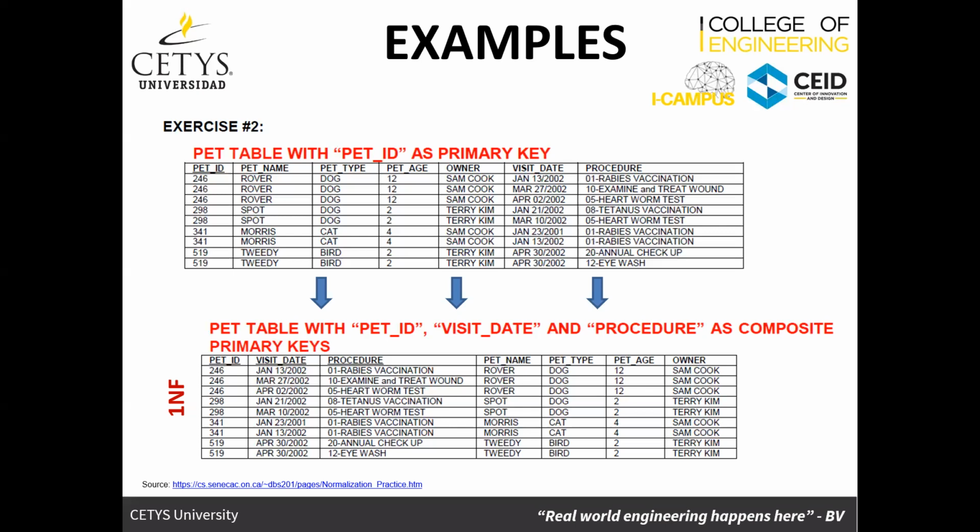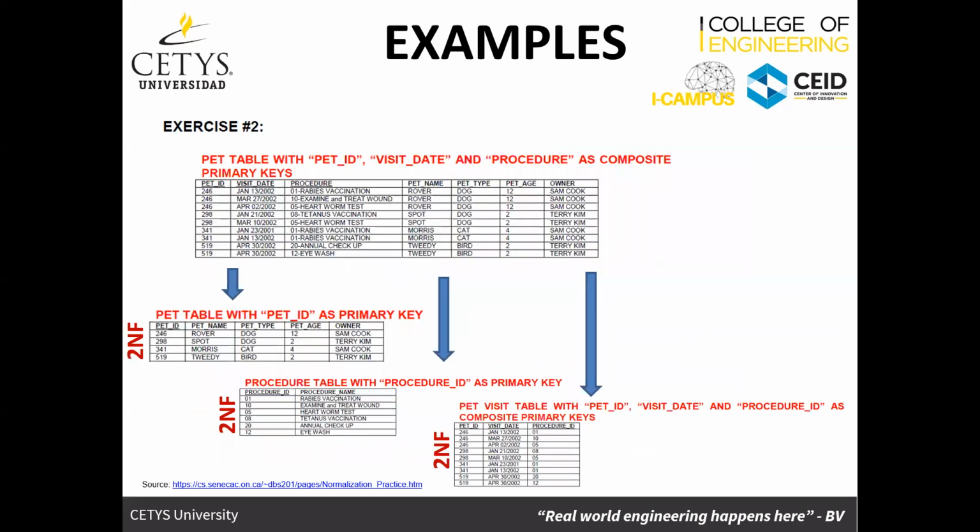So if we want the complete information for a specific consultation or visit for Rover, I need the pet ID, I need the date, and I need the procedure. And so we're going to create a composite key, which is the pet, the visit date, and the procedure. And this is going to give me the complete information for each of the visits or the consultations that the pet had.